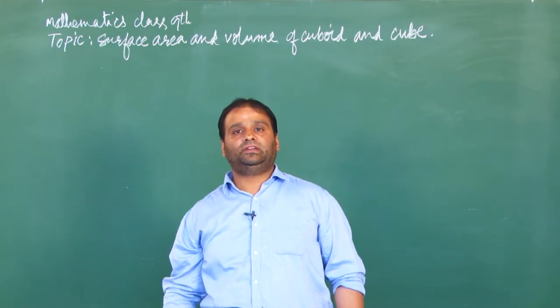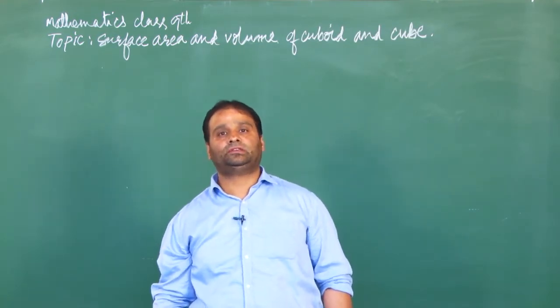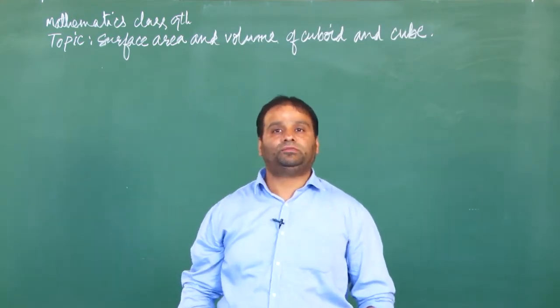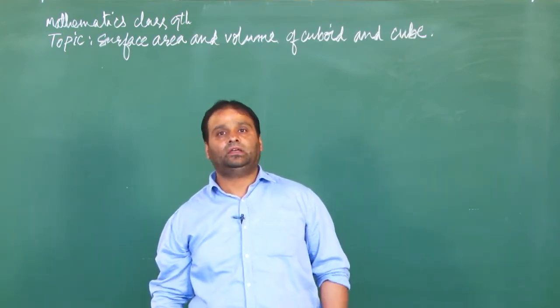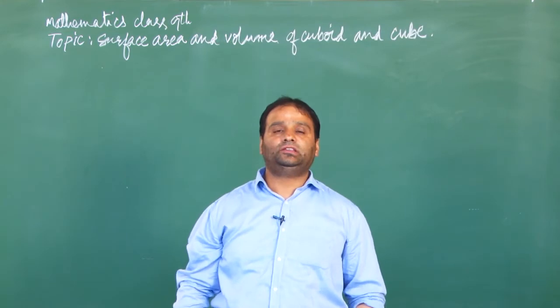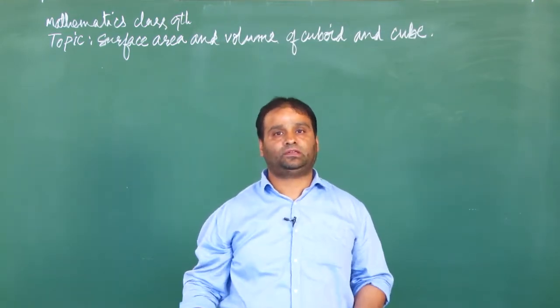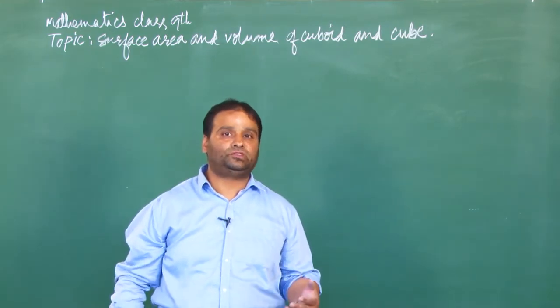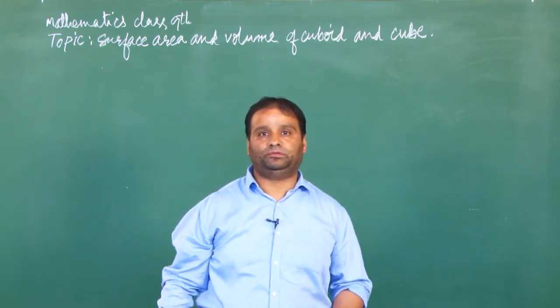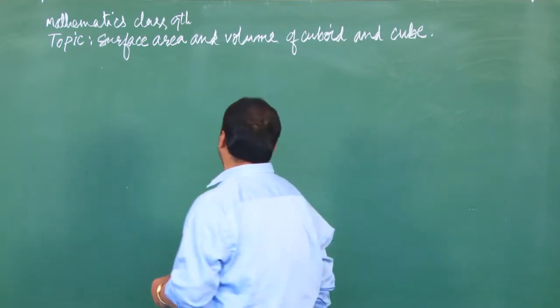In fact, in our daily life, we come across many objects of similar shapes like a wooden box, a tea packet, a matchbox. These objects have similar shapes and such objects can be called cuboid or cubes. Let's have a look on a cuboid.